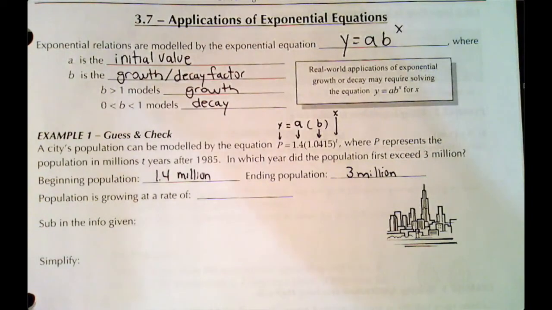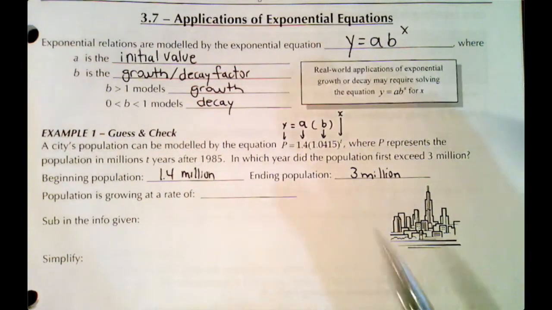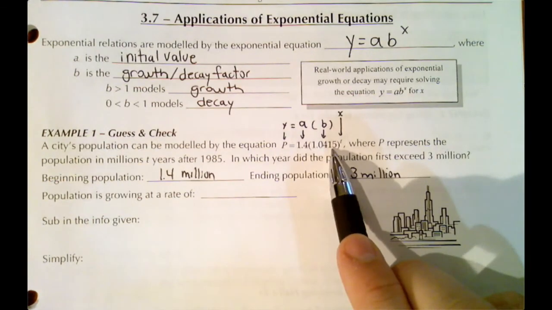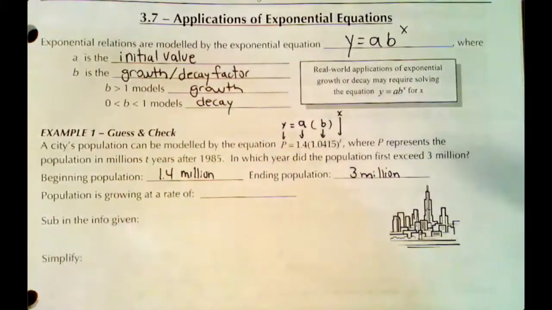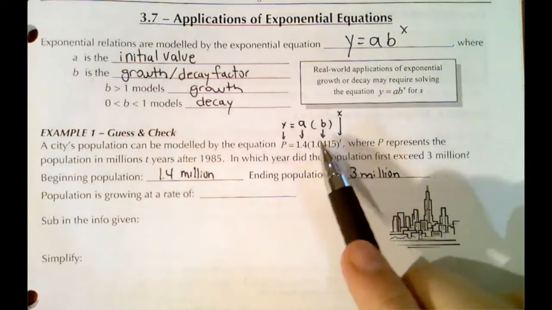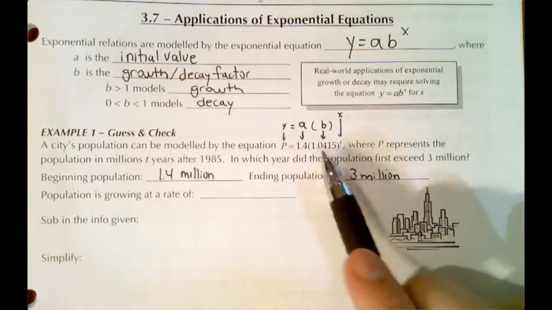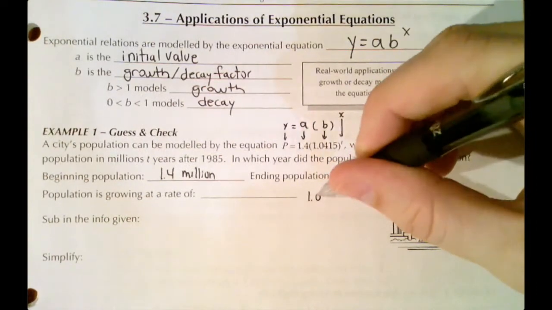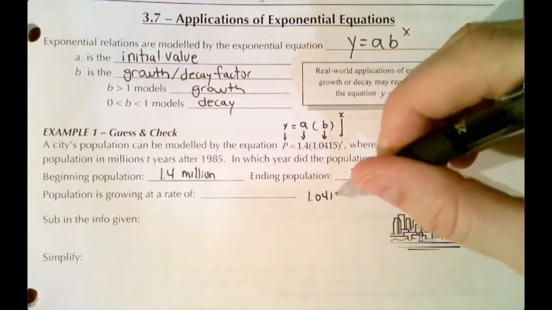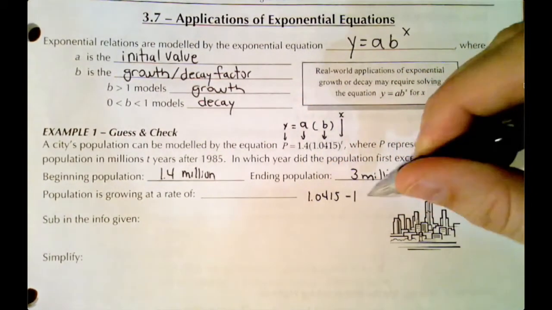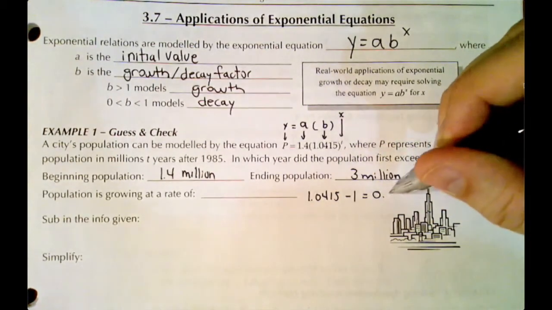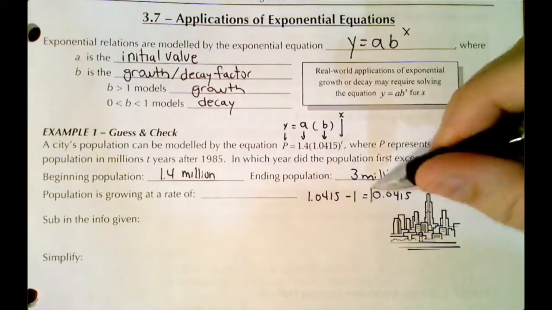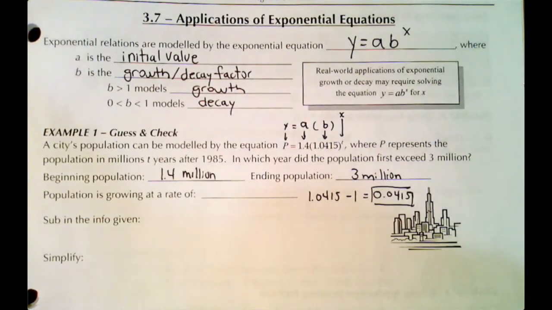So we should understand that this population is growing because if you look, the base is a number over 1. And when the base is greater than 1, we have growth. And how much over 1 tells you how much it's growing by. Well, our number is 1.0415. If we take the 1 away, we're left with 0.0415 over 1.